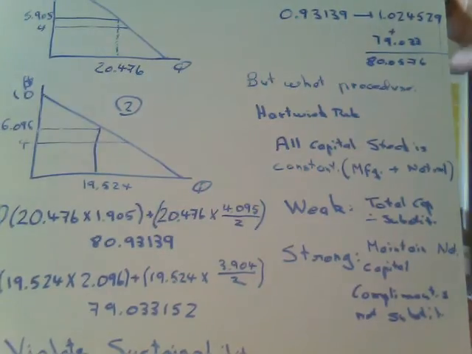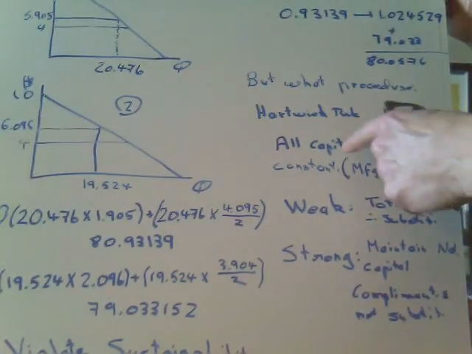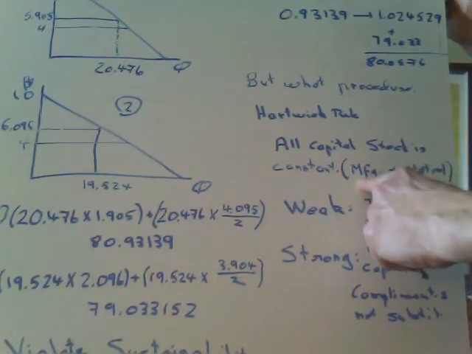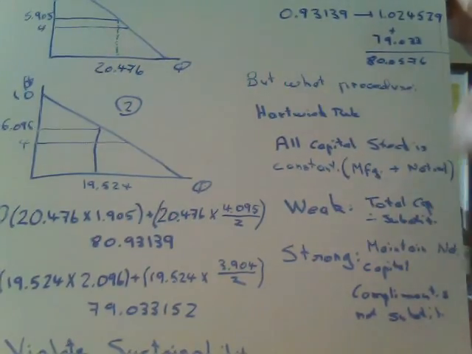So what do we mean, therefore, when we say that the sum of capital is going to be the same? The sum of capital can be the same only if you believe that one can substitute manufactured capital for natural capital.